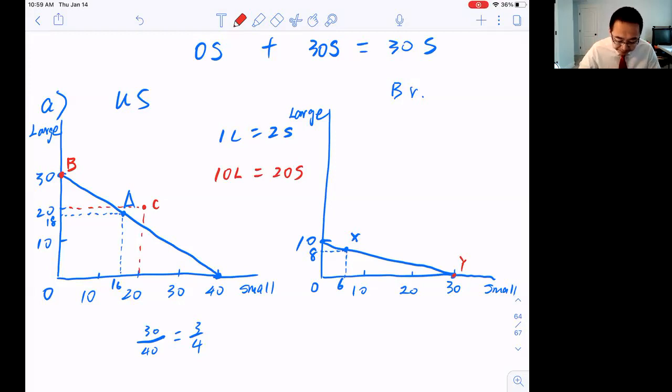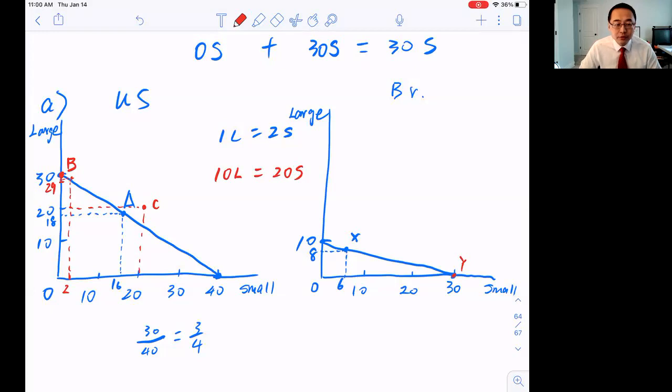In fact, the same effect will happen as soon as you trade. If you trade 1 large airplane to Brazil, that means we'll have 29 left, and then we get 2 small airplanes back. So at 29 and 2, I didn't draw this very well, but it should be a point slightly above our PPF right there.